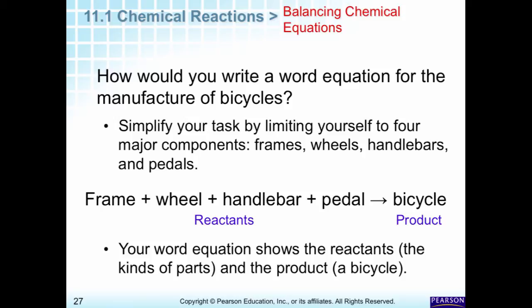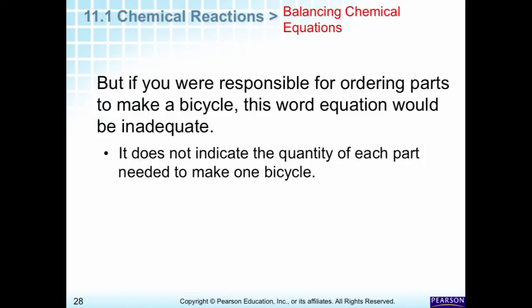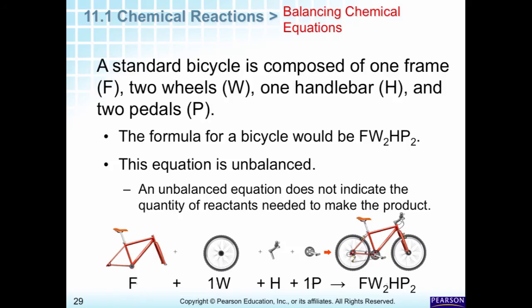So now we have to decide how many we need. So that word equation wouldn't give you a full bicycle because you don't have any quantities there. You need to find a way to put quantities in. So let's look at this. We're going to call frames F, wheels W, handlebars H, and pedals P.